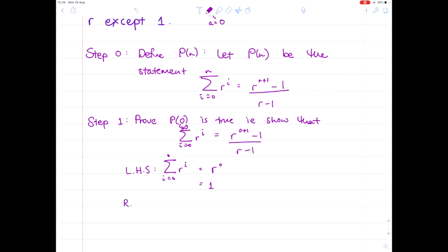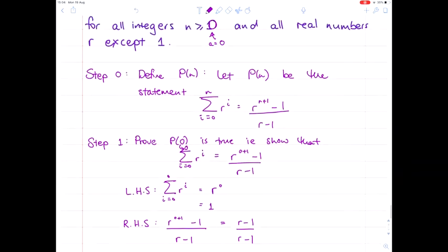And for the right-hand side, we want to have r to the 0 plus 1 minus 1 over r minus 1. And this is going to be equal to, well, r to the 1 minus 1 is r minus 1, over r minus 1.